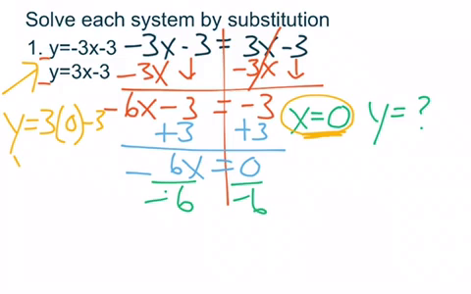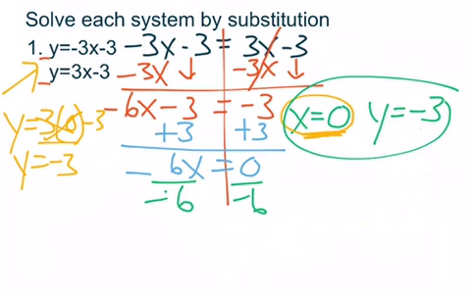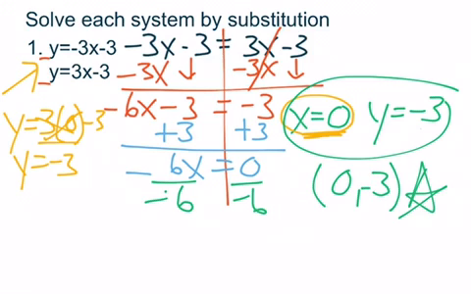Minus 3. Any number times 0 is 0, so this cancels out. So my y value would be negative 3. So my x value is 0, my y value is negative 3. You would write that in point form, (0, -3). This would be the answer for number 1.